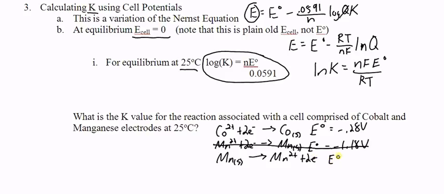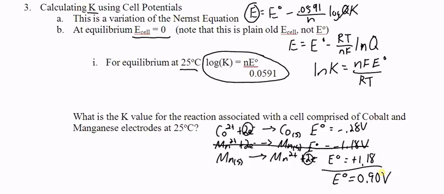And thankfully, as we look at this, we've got our electrons balanced out, which is nice because that's going to establish, as we've talked about in other videos, our n value, the number of moles of electrons. And in terms of our standard cell potential, we are looking at a value of 0.90 volts. So we've got a lot of the information that we're going to need in order to be able to put our work together.